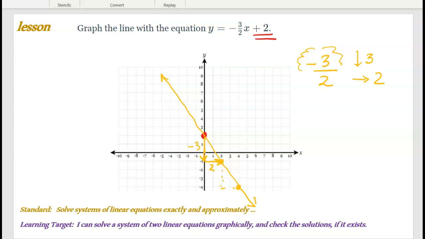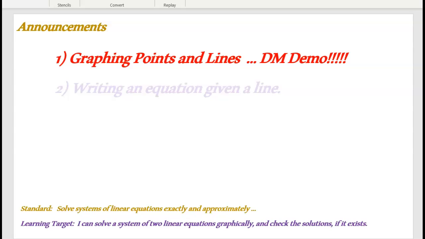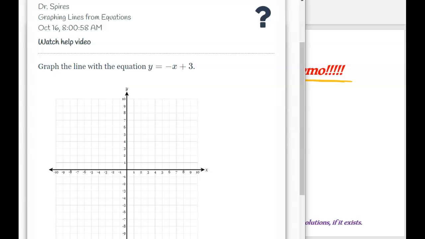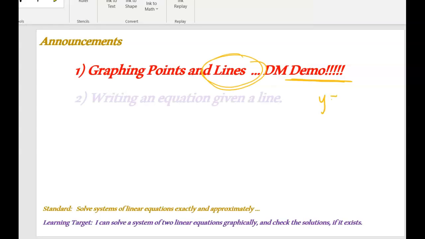All right, so let's actually do a demonstration where we graph lines in Delta Math. This is what the problems actually look like in Delta Math. So you're given the equation y equals negative x plus 3.